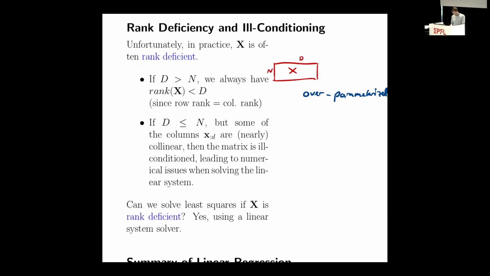And then even in the other case, so even if you have more data points than features, even then you could have the case, for example, that you have twice the same column, or it could also be that just one of the columns happens to be all zeros, so that the feature is always 0 for any data point, and then you also have a rank which is too low.